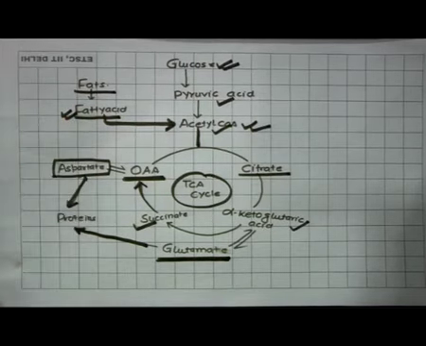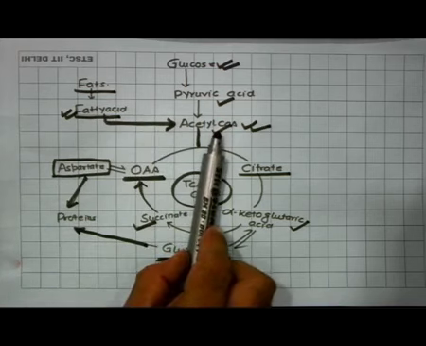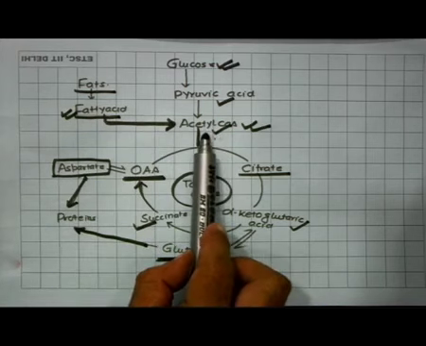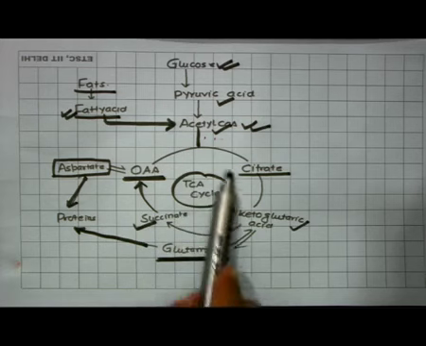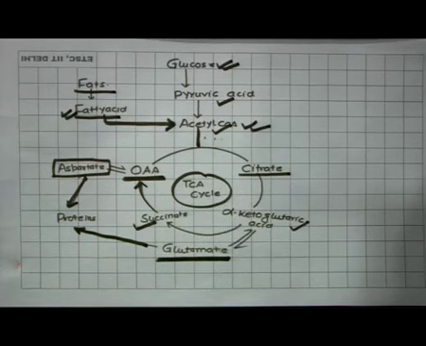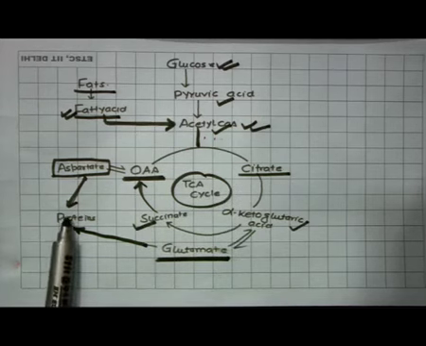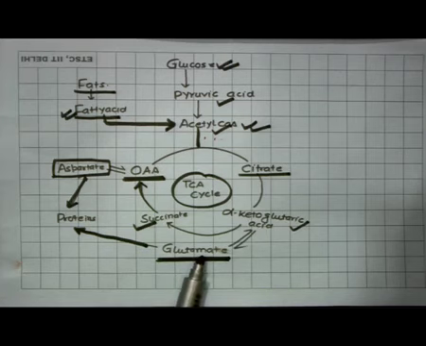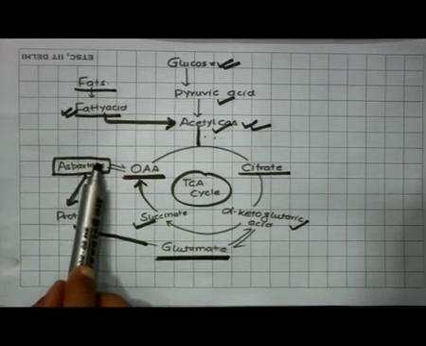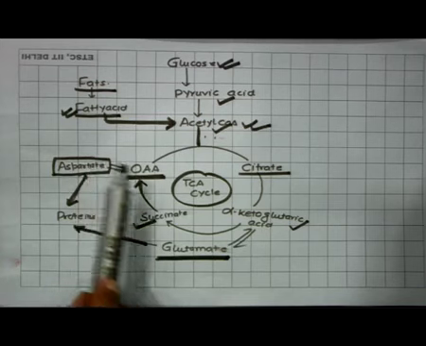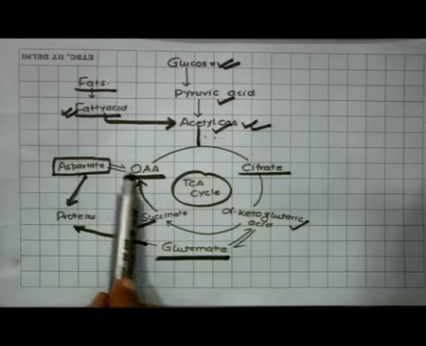Fatty acid is directly involved in the formation of acetyl coenzyme. This acetyl coenzyme is directly involved in the tricarboxylic acid cycle, and protein, vice versa, helps in the formation of aspartate. Aspartate again forms oxaloacetic acid.